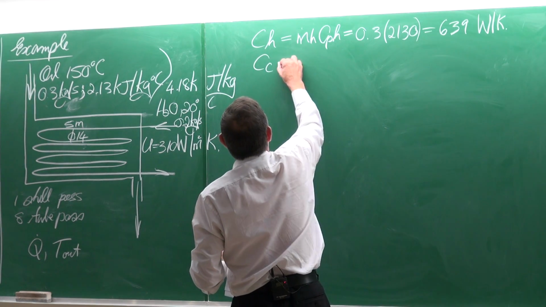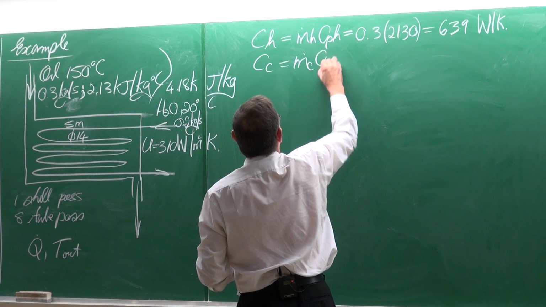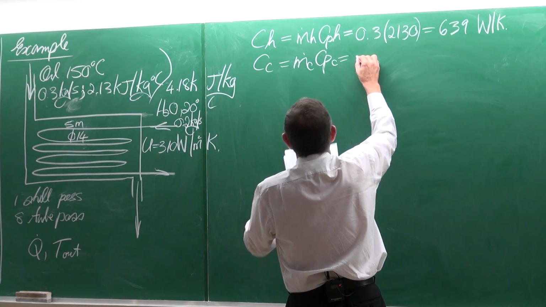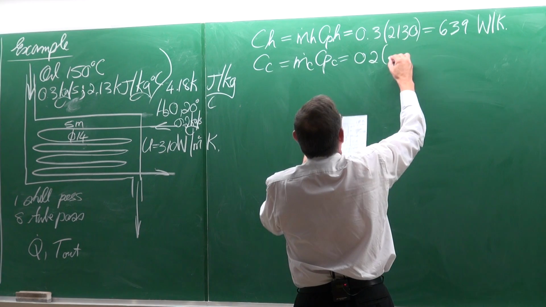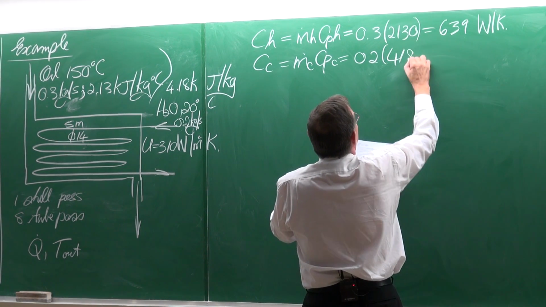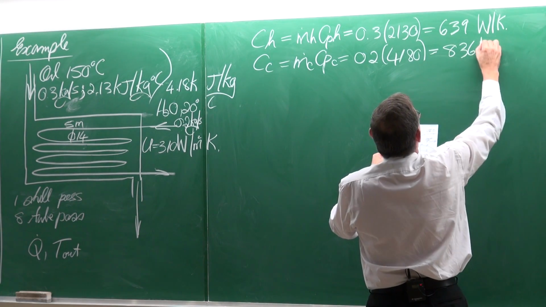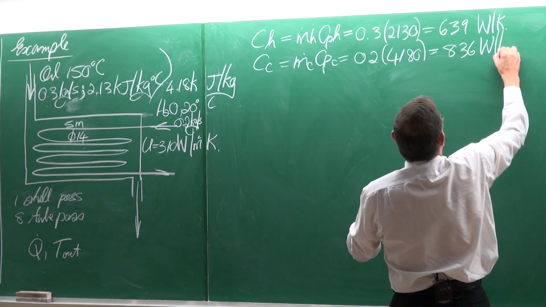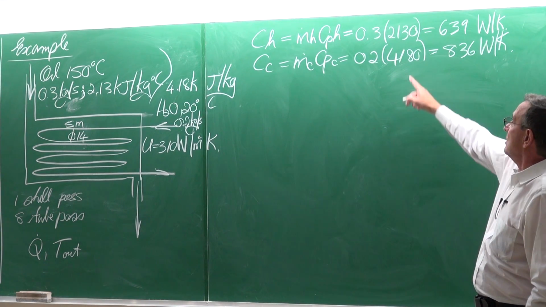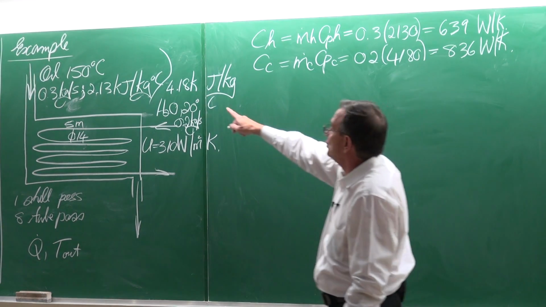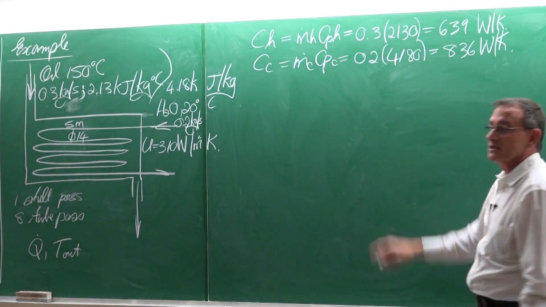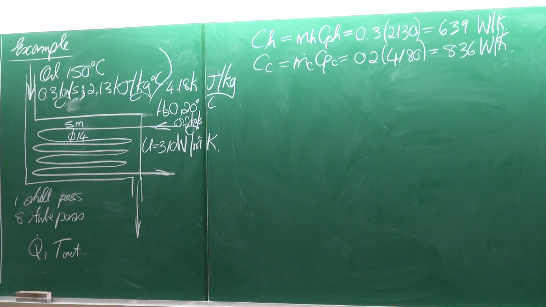The cold side, the mass flow rate on the cold side, the CP on the cold side, 0.2 multiplied by 4180 is equal to 836 watts per Kelvin. Take note, this was in kilojoules per kilogram. Here it is written in terms of the total value of 4,180 and 2,130.